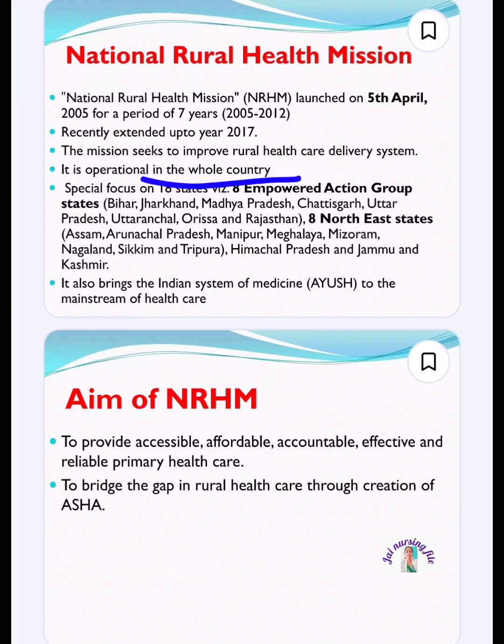And they're focused 18 states, 8 empowered action group states, and then 8 northeast states, and then Himachal Pradesh, even Jammu and Kashmir. The aim is to provide accessible, affordable, accountable, effective, and reliable primary health care, and then to bridge the gap in rural health care through the creation of ASHA workers. So NRHM launched 5th April.